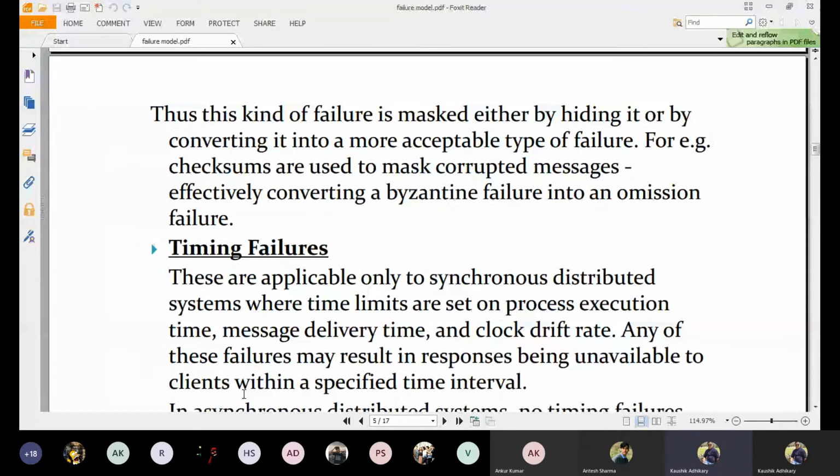Thus, this kind of failure is masked either by hiding it or by converting it into a more acceptable type of failure. For example, checksums are used to mask corrupted messages, effectively converting a Byzantine failure into an omission failure.